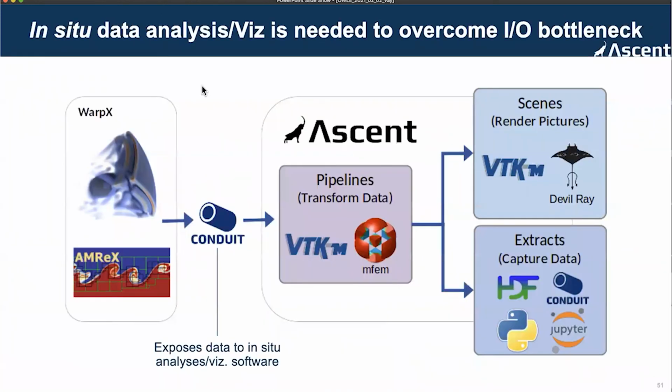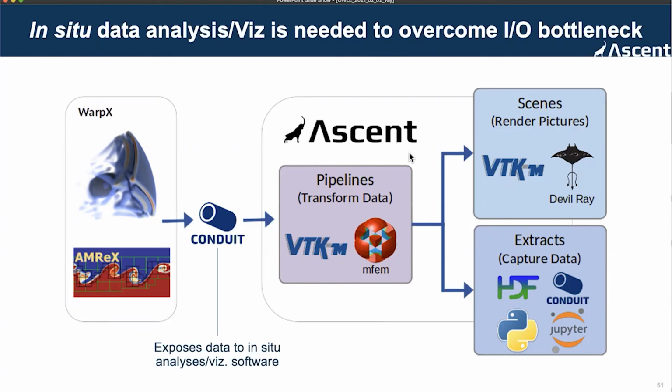Here's a slide from Axel Huebl that shows basically how we handle in situ data analysis to overcome this IO bottleneck. WarpX with AMReX is represented here on the left, and we use a tool called Conduit that exposes the data to in situ analysis and visualization software. And you see here on the right some of the software that can be used.